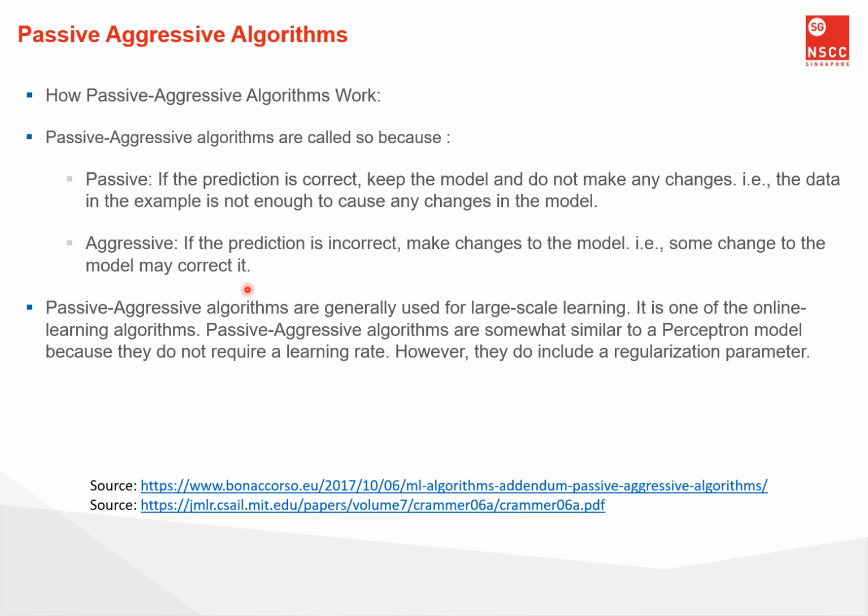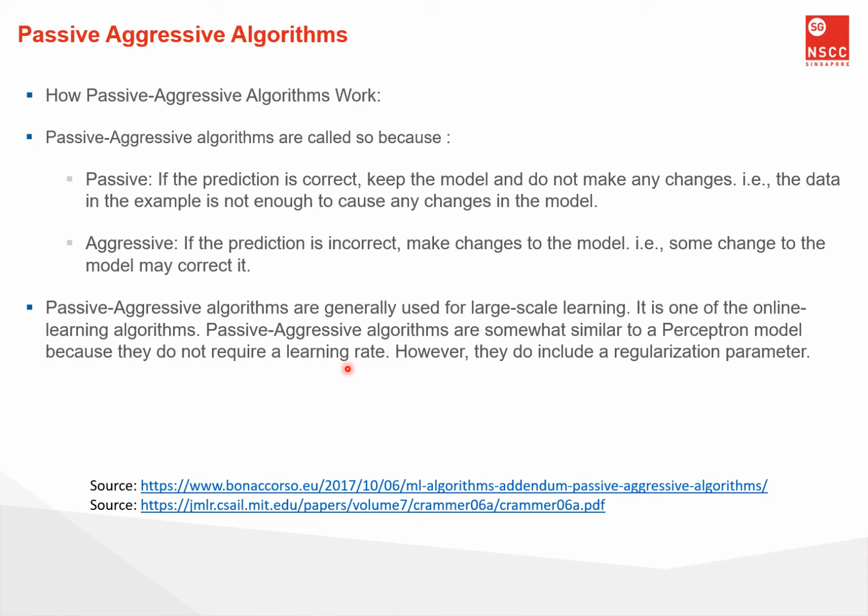Now passive aggressive algorithms are generally used for large-scale learning, so they are tuned for this type of problem. This is why they are very suited for large-scale machine learning. It is one of the online learning algorithms, which means that we can incrementally add data to it. It's not just batch mode data. Now, passive aggressive algorithms are somewhat similar to the perceptron model, remember, I said that it's very similar to a neural network, because they don't require a learning rate.